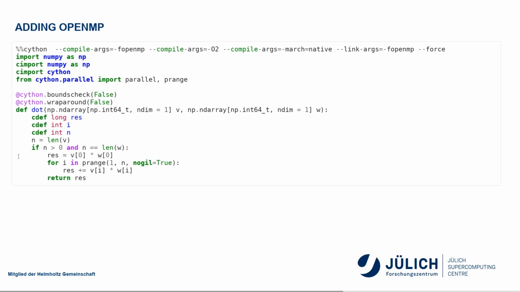Once I have set those, though, I can use the Cython parallel function. So here from cython.parallel, I import parallel and prange. And now, instead of the range command here, I can use a prange. With nogil equal to true, that means I'm vouching that I'm not accessing any Python objects within this loop.